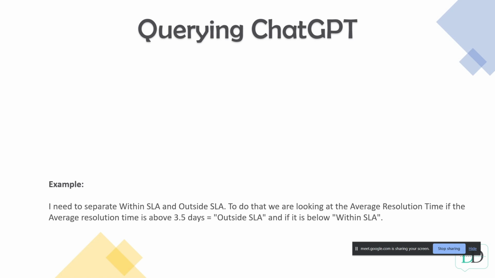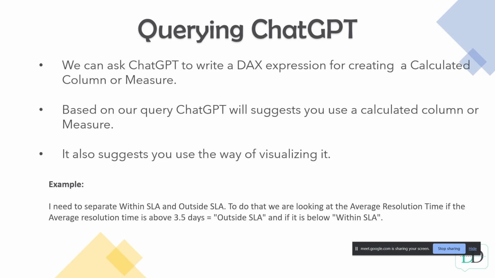And then, querying with ChatGPT. We can ask ChatGPT to write a DAX expression for creating a calculated column or measure. See, the very beginners who are trying to get into Power BI, who want to know about Power BI and are trying to build their dashboards at an early stage, are not aware of these DAX expressions, calculated columns and measures.